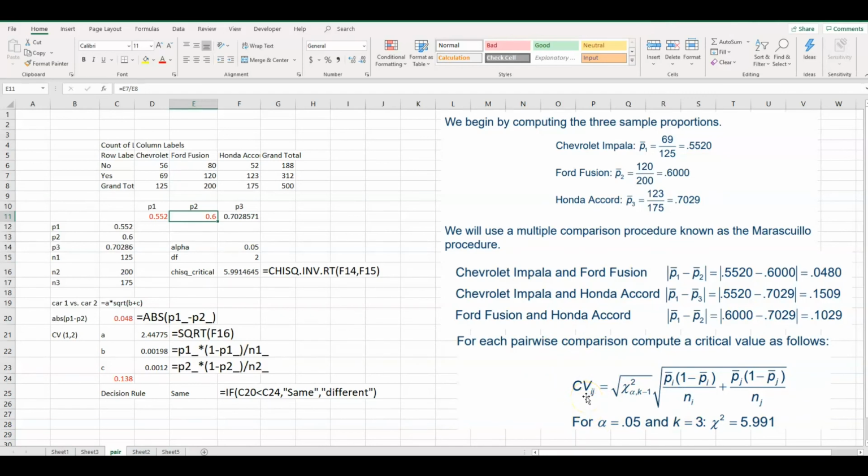To make our calculation easier, we defined A as the square root of the critical value, B as P1 times 1 minus P1 divided by N1, and C as P2 times 1 minus P2 divided by N2. So the critical value is A times the square root of B plus C. I'm going to copy this critical value. So this is our critical value.